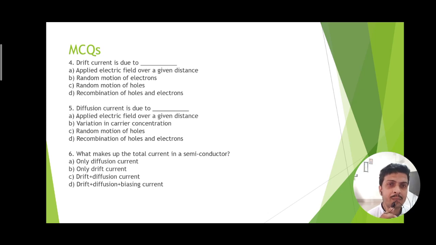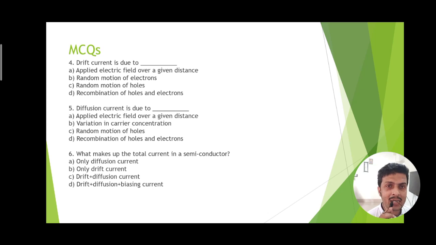What makes up the total current in a semiconductor? Only diffusion current, only drift current, drift and diffusion current, or drift, diffusion and biasing current. Now let us see again the question. The question asks what makes the total current in a semiconductor. We know drift current and diffusion current make the total current, because drift is due to the applied electric field and diffusion is due to the concentration gradient.